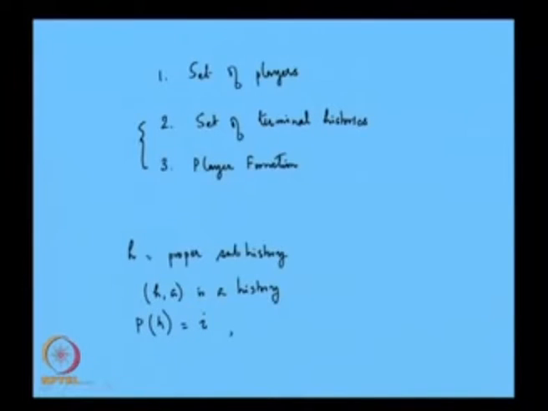Then we say that the action set after H has happened, for the player who is making this action, which is I, his action set after H has happened is defined as A, where HA is a history.